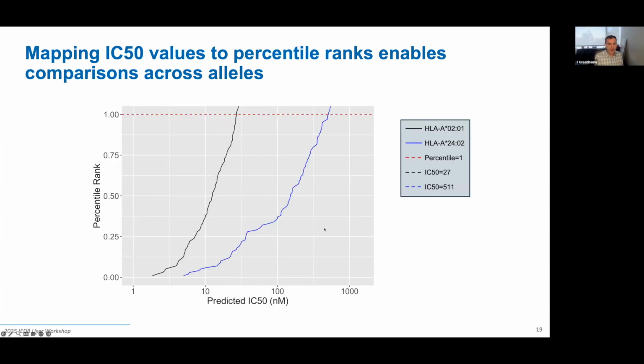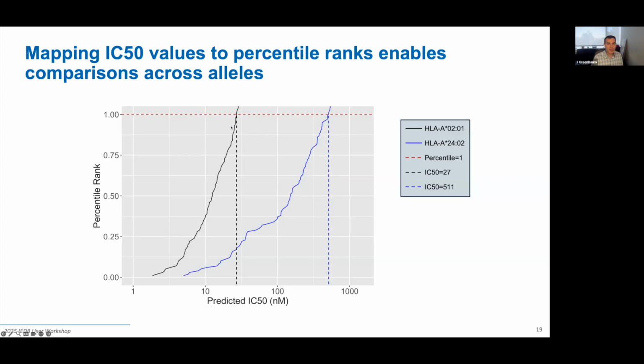And then zooming in to our recommended cutoff of 1 percentile, we can see that if we simply used a hard IC50 value cutoff for the two different alleles, we would end up with very different results with different numbers of peptides per allele.